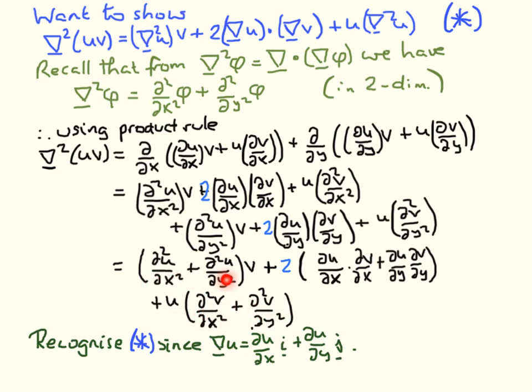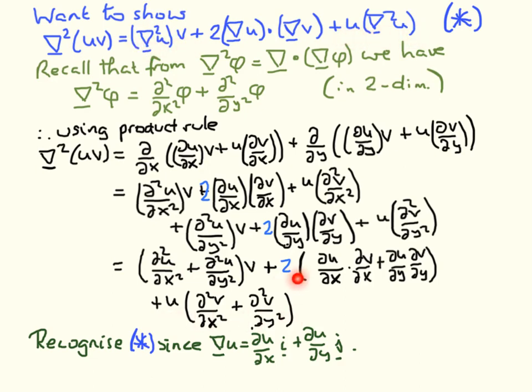Now this is the two-dimensional Laplacian acting on u times v, and this is the two-dimensional Laplacian on v multiplied by u. So going back to what we're trying to prove, this is this term, and this is that term.